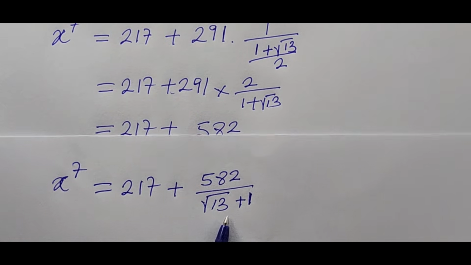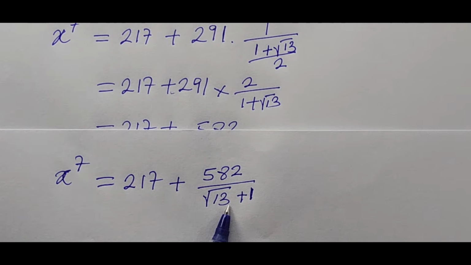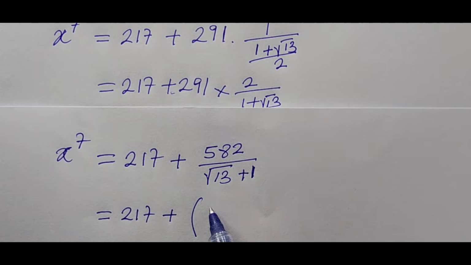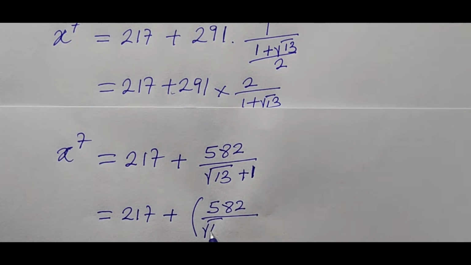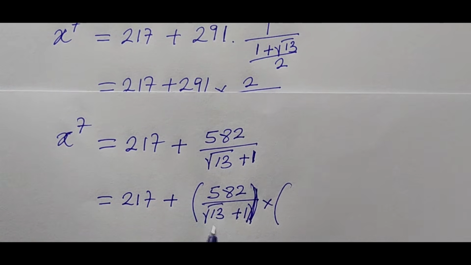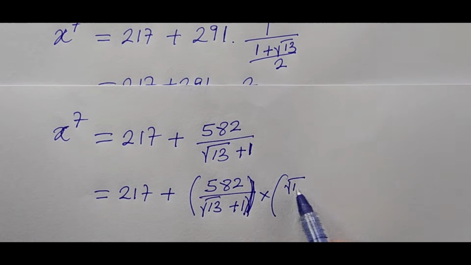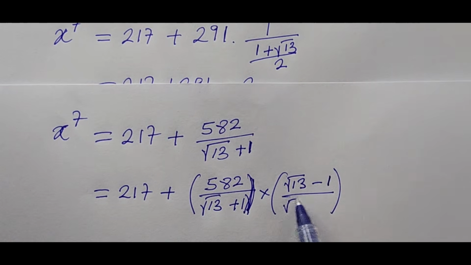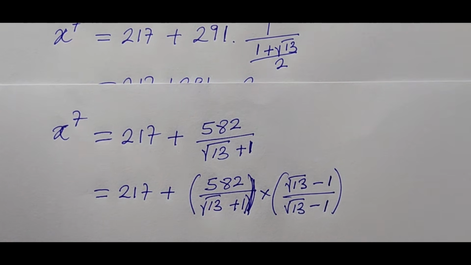So rationalizing the denominator, we multiply by the conjugate here. So this is going to give us 217 plus bracket open 582 all over root 13 plus 1 bracket close here, then times our conjugate here, which is root 13 minus 1 all over root 13 minus 1.